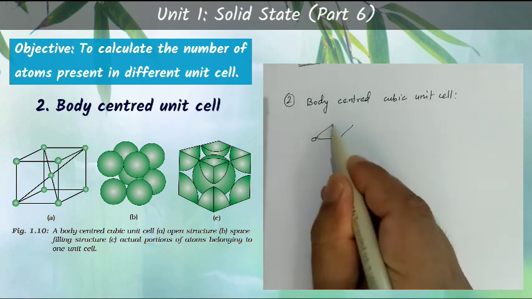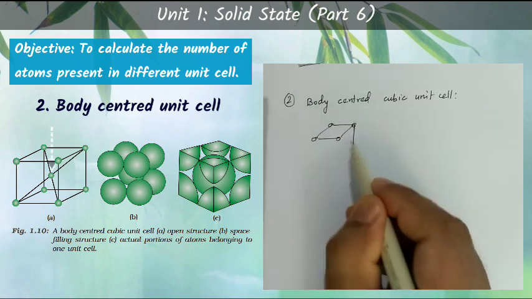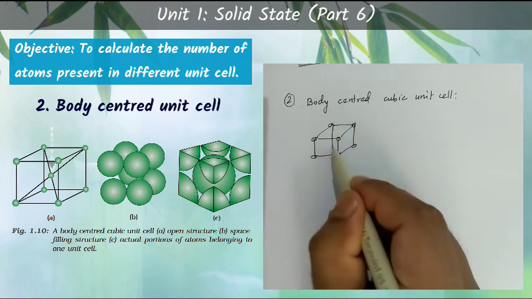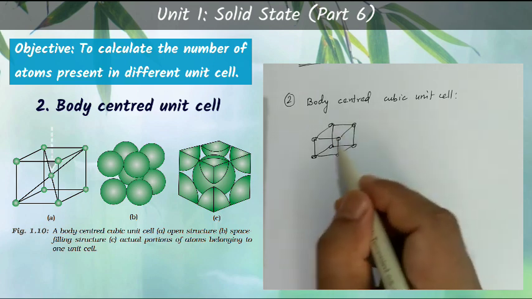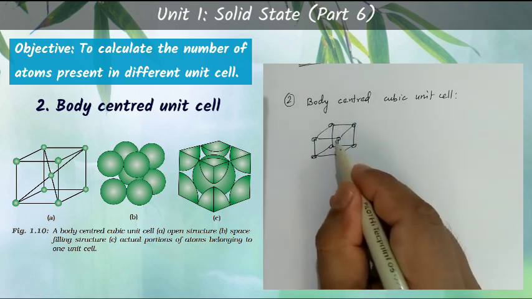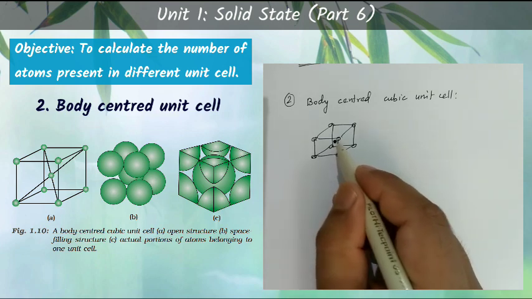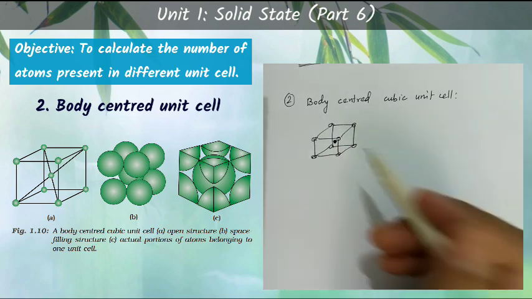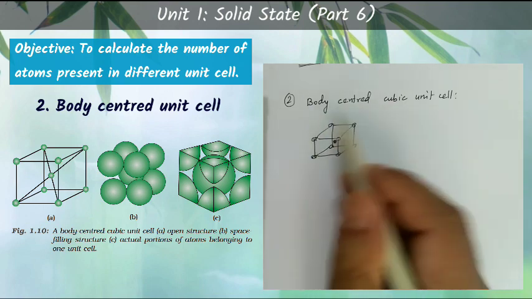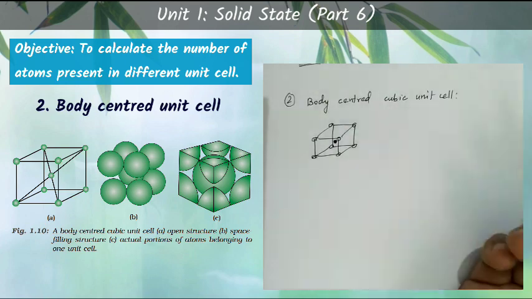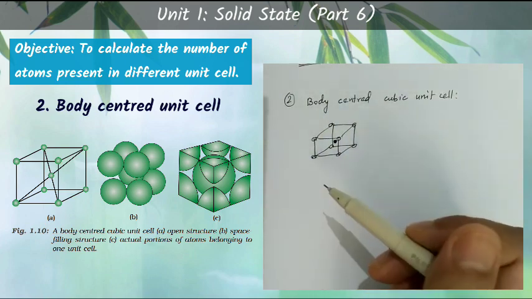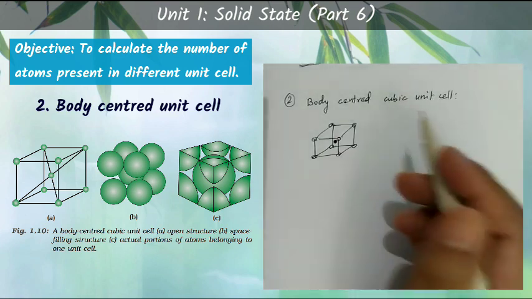So a total of 8 corners will be occupied by 8 atoms, and additionally in the center of this cube, let's suppose this is your center, one additional atom will be present. Now for this one, again we can calculate the number of atoms present in this unit cell by using that previous technique.